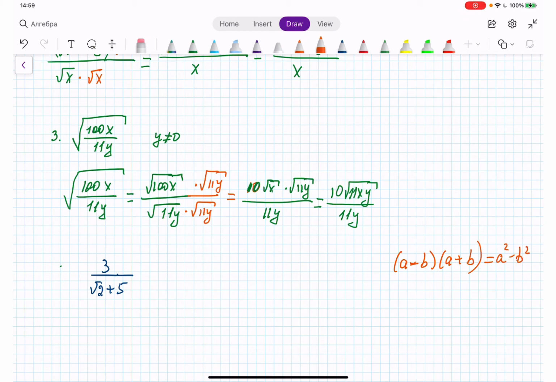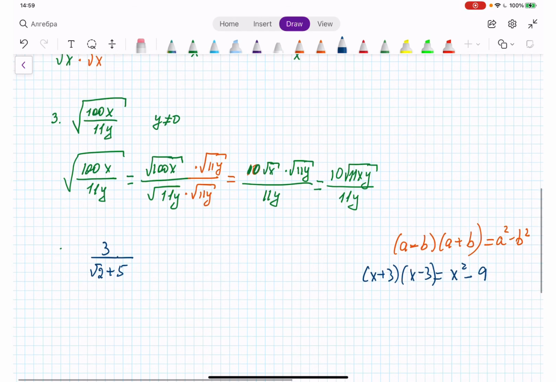For example, if we have x plus 3 times x minus 3, I'm getting x squared minus 9, right? Based on the formula.